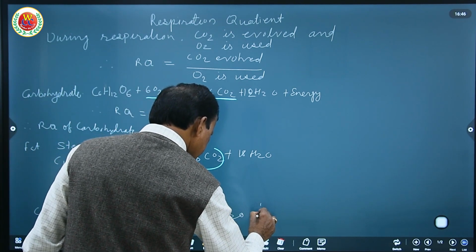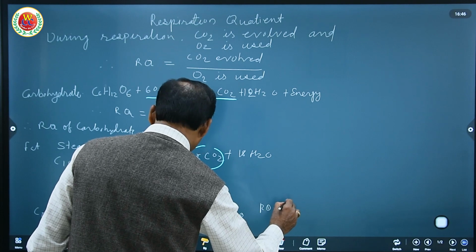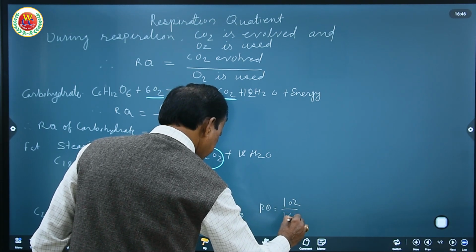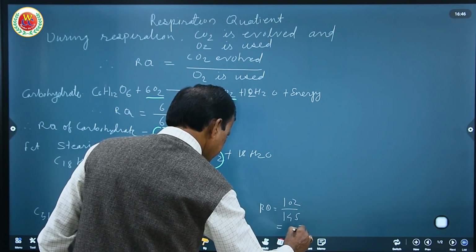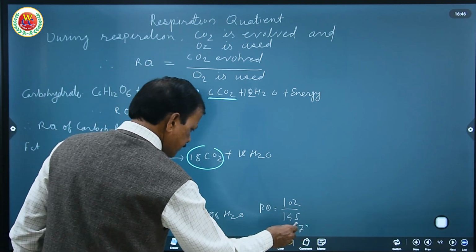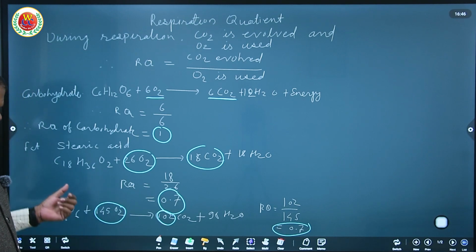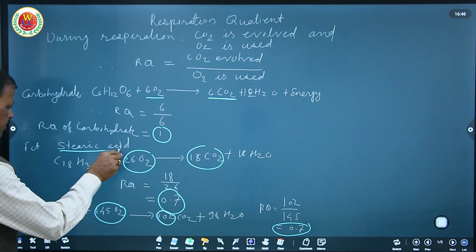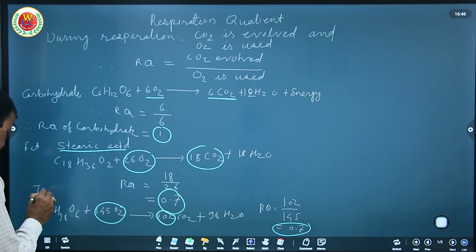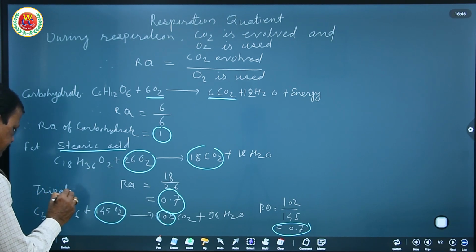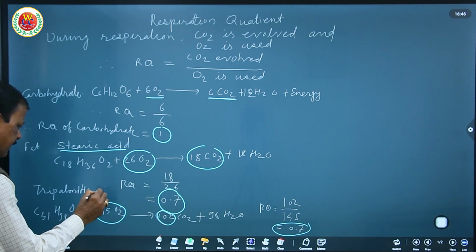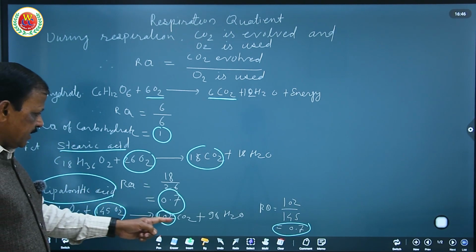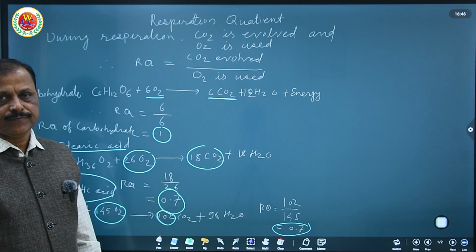RQ of this fat is 102 upon 145, which is 0.7 again. Here it is proved that whether it is stearic acid or tripalmitin, the RQ is the same. So RQ for fatty acid and fat is 0.7.